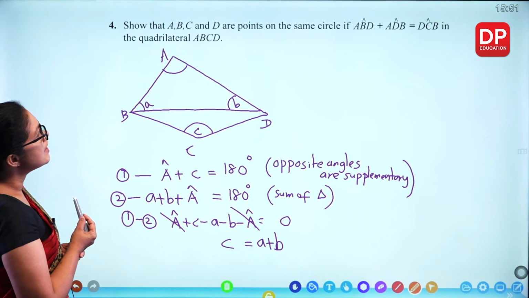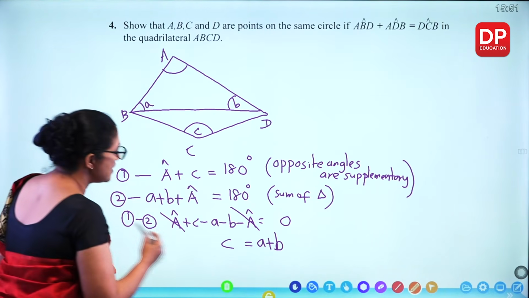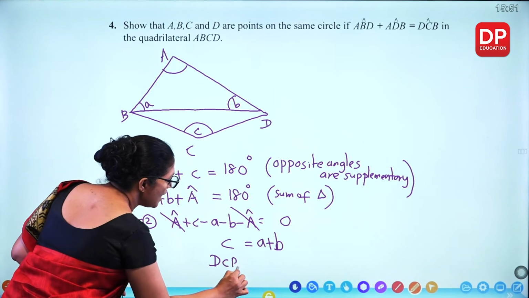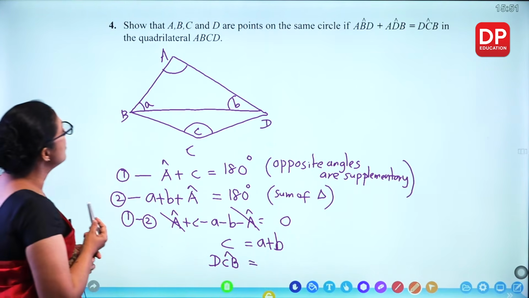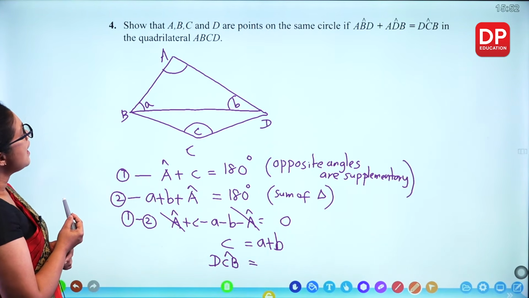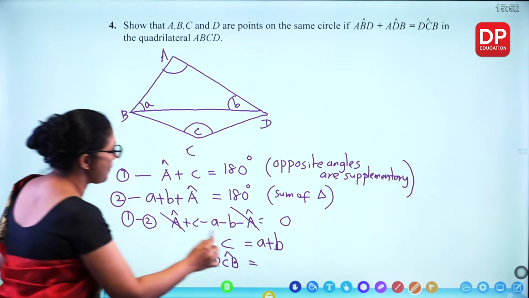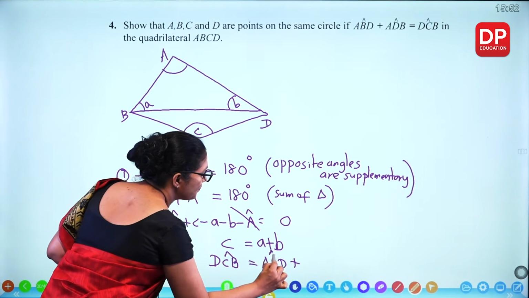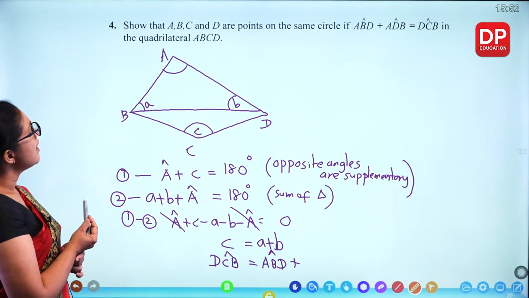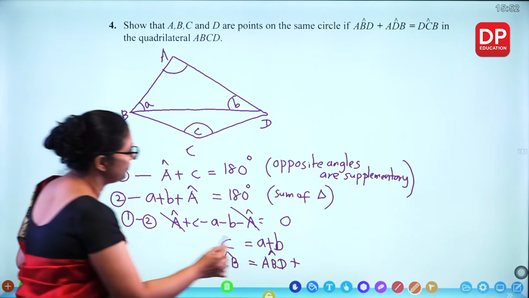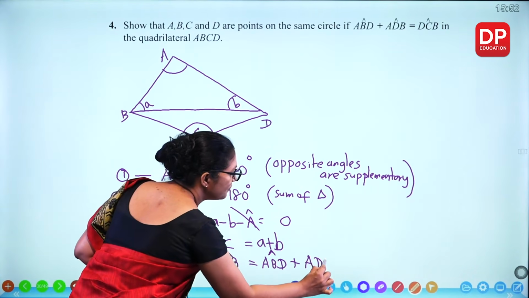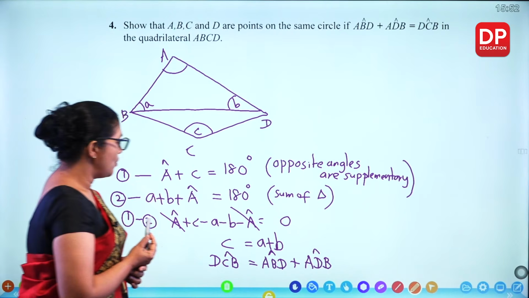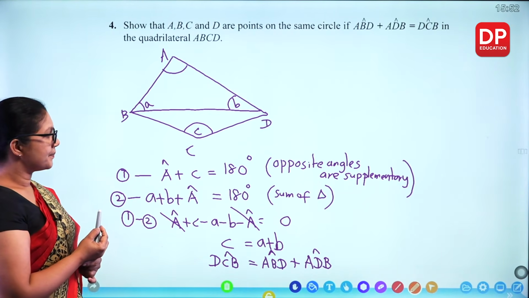DCB angle is equal to A, ABD angle, plus B angle, ADB. So these two add up to the other angle.